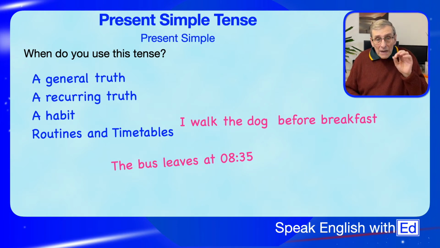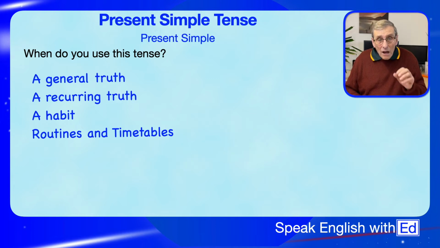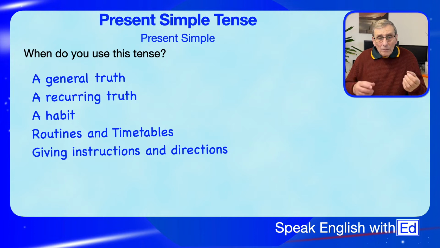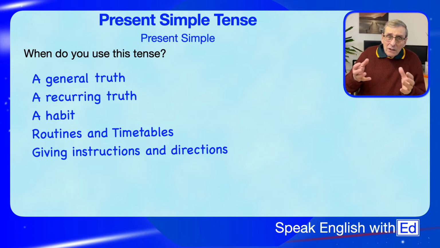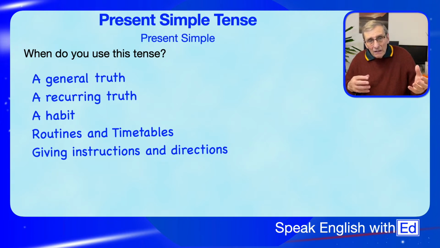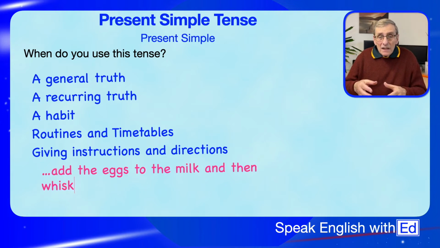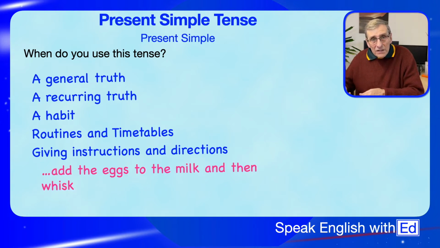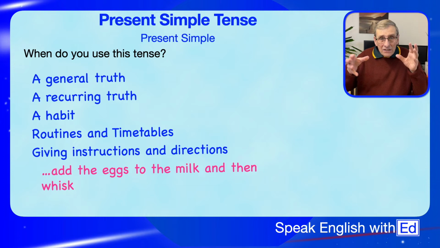So timetables and routines. Also giving instructions. Now, if you want to tell somebody how to make the recipe for your favourite cake, you would say add the eggs to the milk and then whisk. So we're using this as a direction.